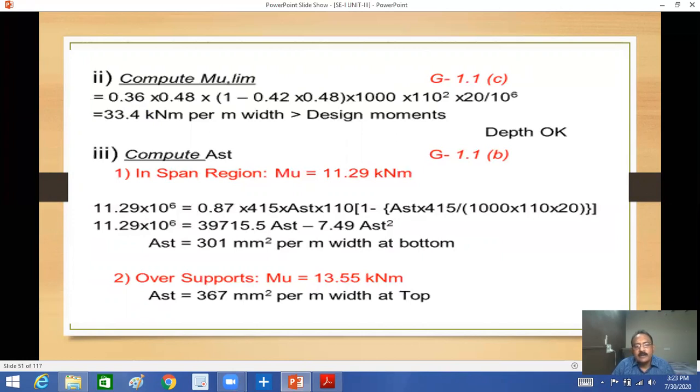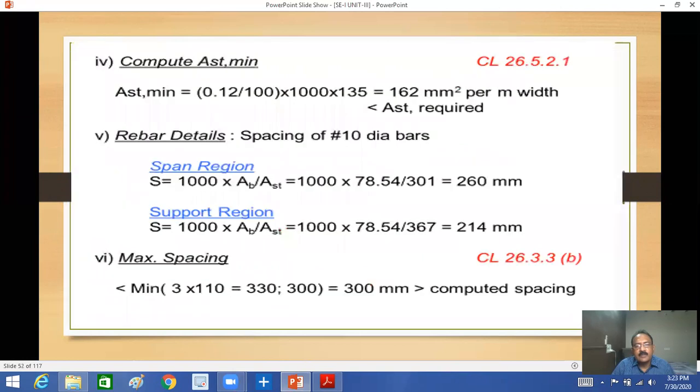We calculate the area of steel at the bottom and the area of steel at the top, and according to our rules, what is the minimum area required? 0.12%. And spacing of bars, we have to provide in the span region and the support region. That is 260 mm, here 214, which are less than 3d and 300 mm.